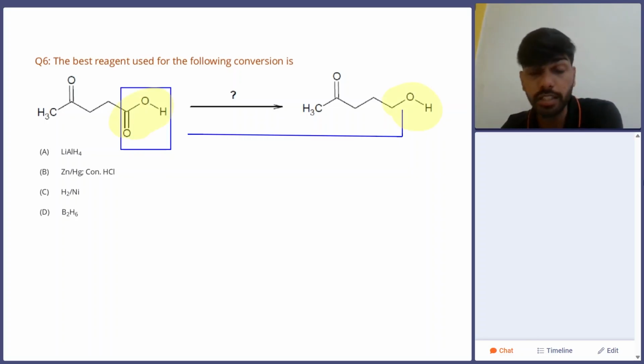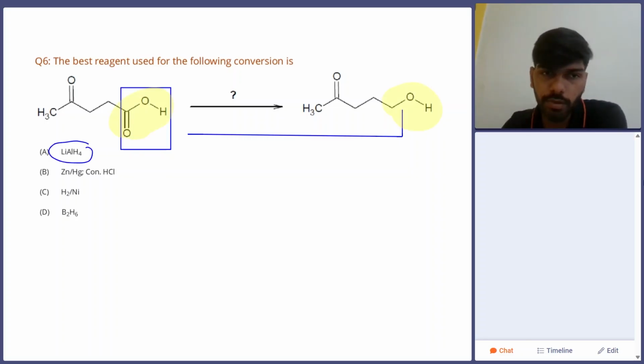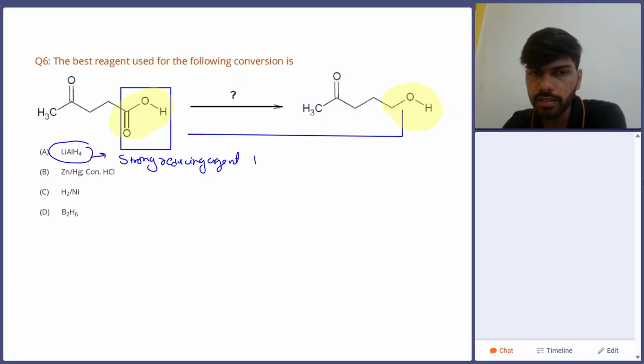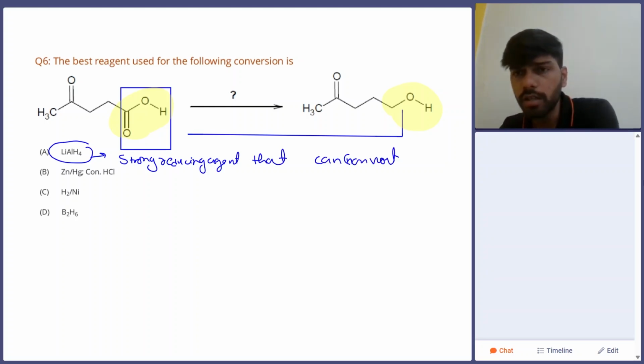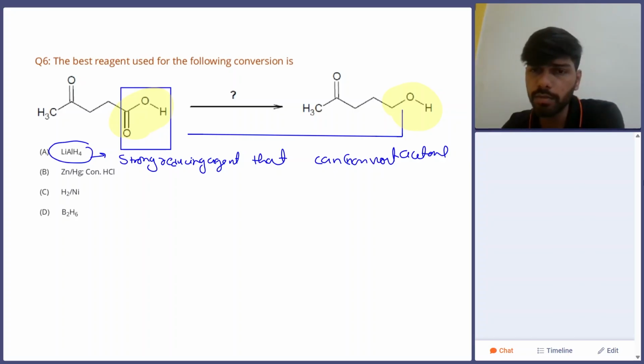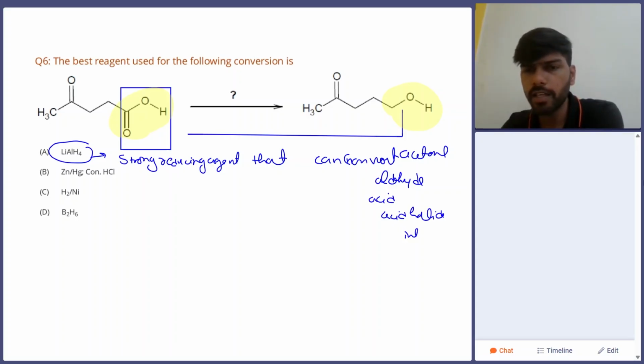So which reagent is best? Remember, LiAlH4 is a strong reducing agent that can convert acetone, aldehyde, and acid halide into alcohols. It is reduced into alcohols.